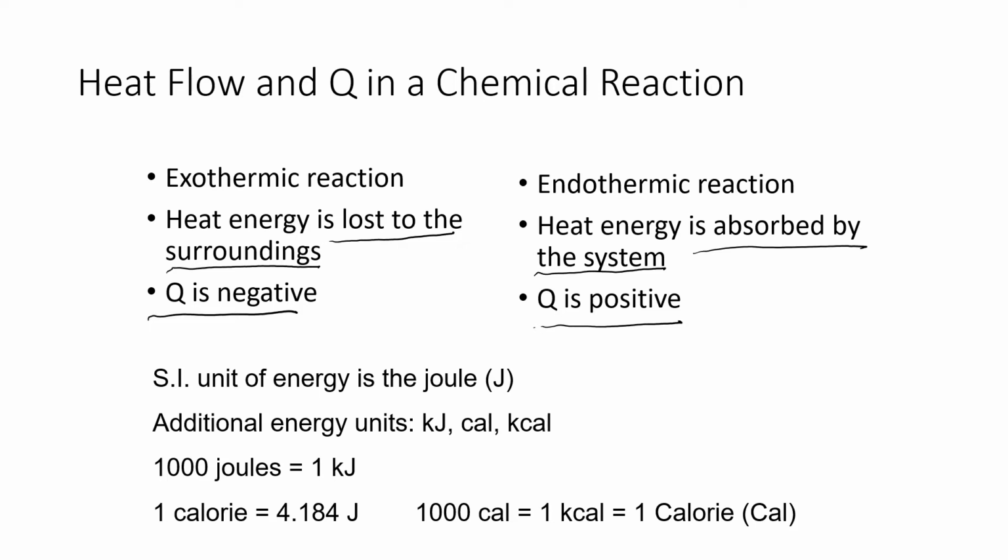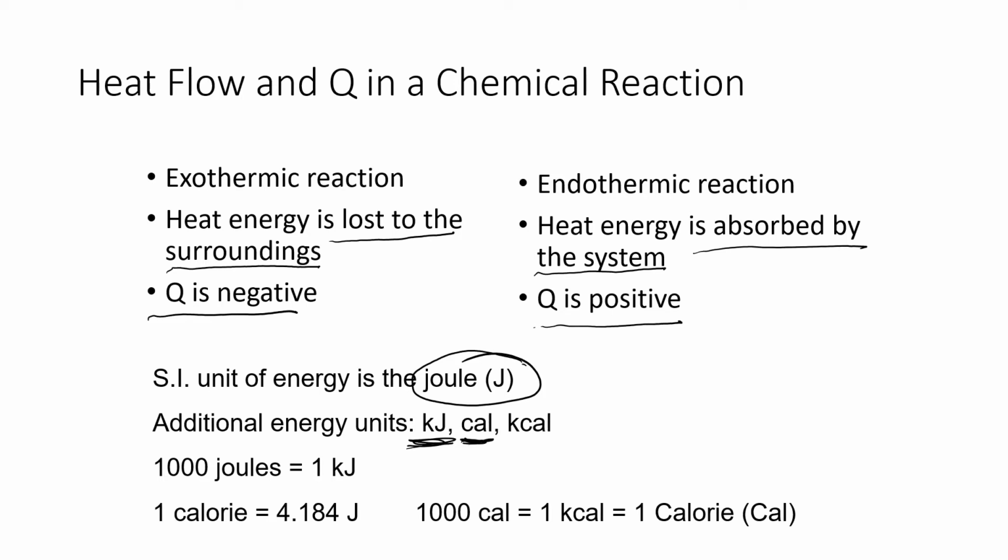And the units that we use for energy, first of all, there's the SI unit of energy. That's the joule. And in our calculations, we'll be calculating joules. Additional units you might see, kilojoules. So that's 1,000 joules equals 1 kilojoule.